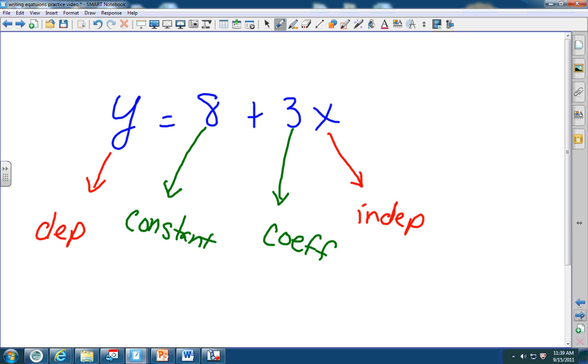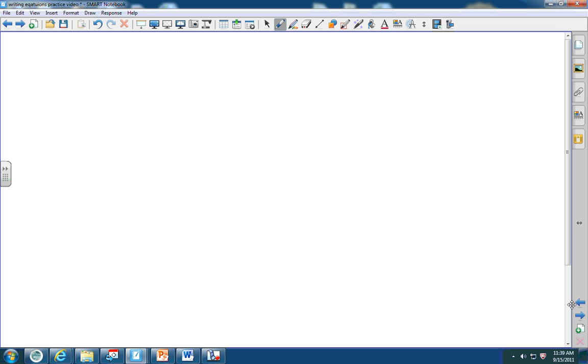Let's try one more. Here we go. Pause the video and see if you can label it coefficient, constant, and the independent and dependent.